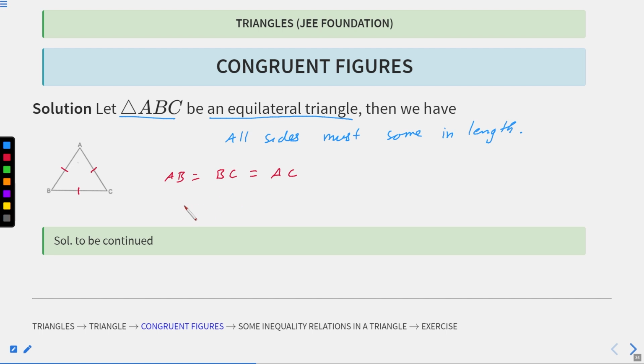Now if you recall, for two sides of the same length, their opposite angles must be equal to each other.